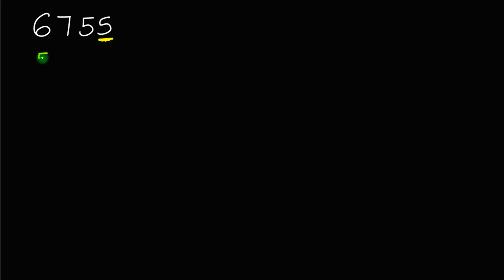We get 5 times 2, which is 10. Then we have the remaining digits, which is 675. So 675 minus 10, that is 665.